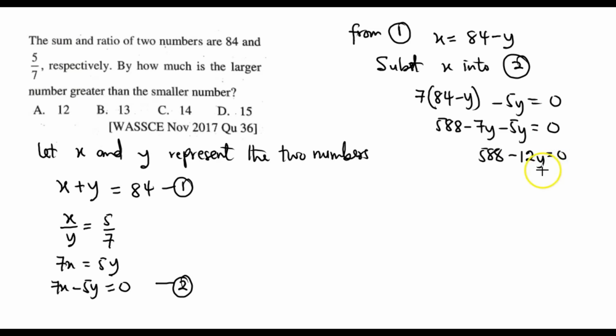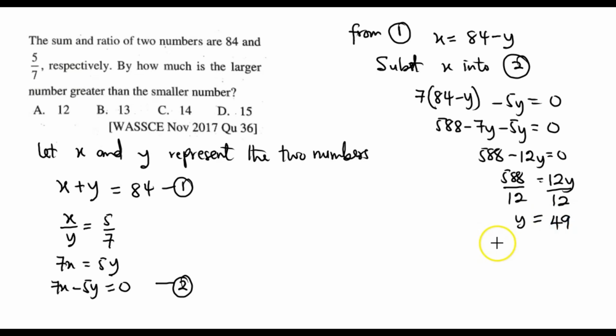Solving for y, we will have 588 equal to 12y. Dividing both sides by 12, that is going to give us y is equal to 49. So our y value is 49.